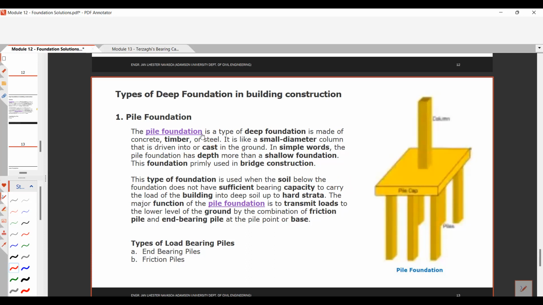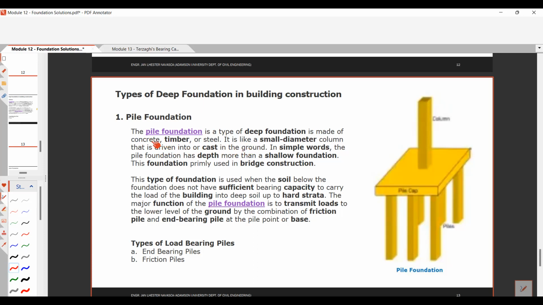Okay, but this is not commonly used because yung timber and steel, when rested on the soil, ang mangyayari sa kanila mag-erode. So or magko-corrode. Sa steel magko-corrode yan. Then sa timber magra-rot yan. So since bawal sila expose sa natural soil or natural earth. So it is like a small diameter column that is driven into or cast into the ground.